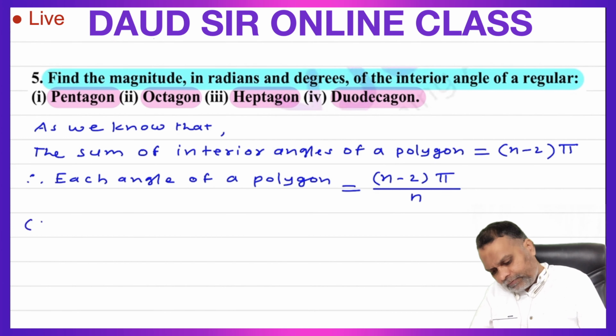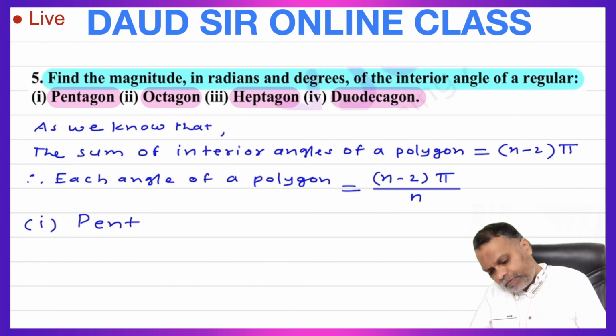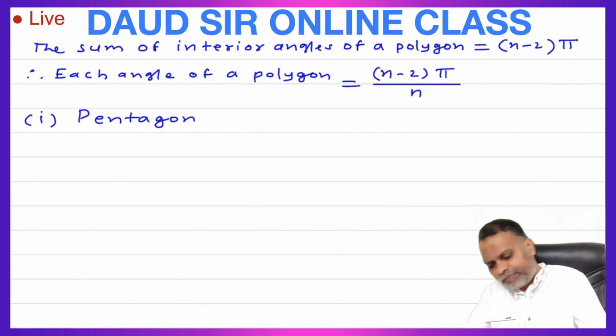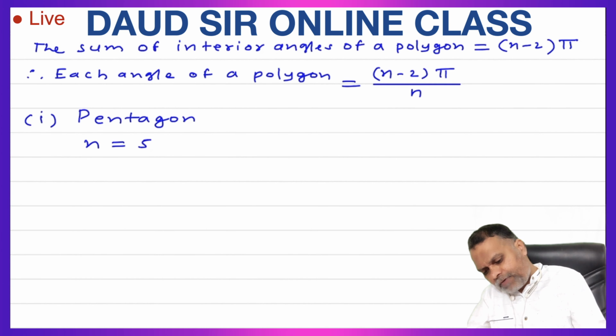First one, pentagon. In a pentagon the number of sides is 5, n is equal to 5.